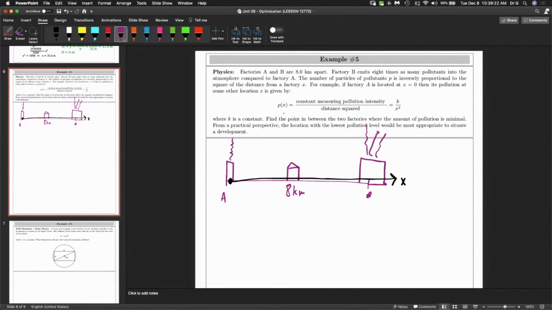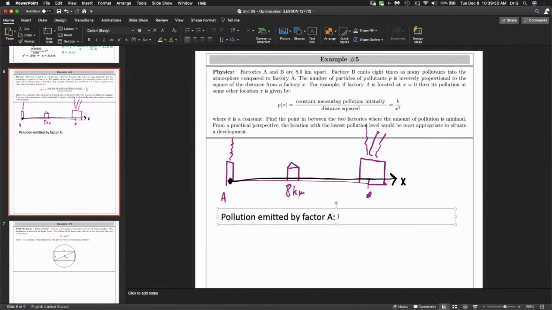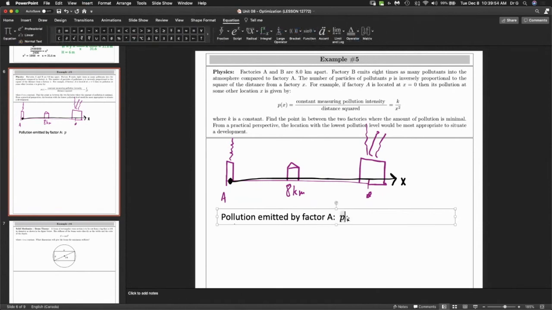So this is the formula for the pollution of factory A. The pollution emitted by factory A is P of A as a function of x, which is equal to k over x squared.